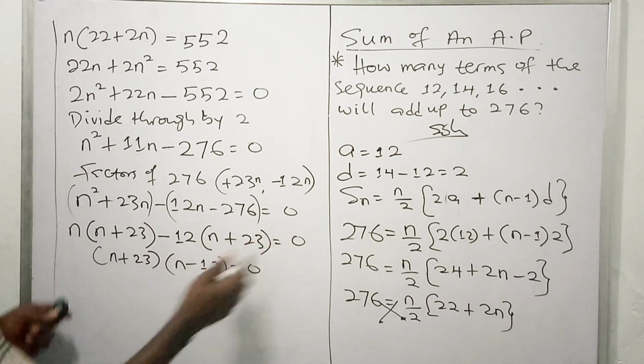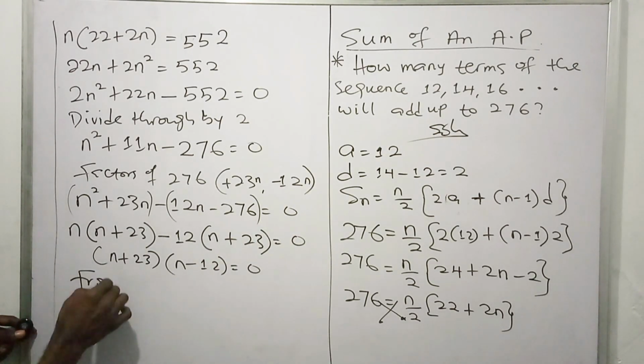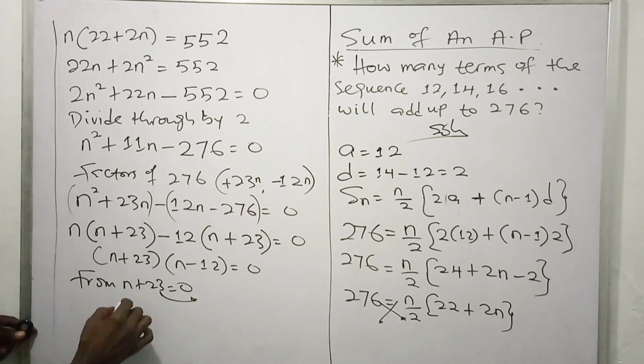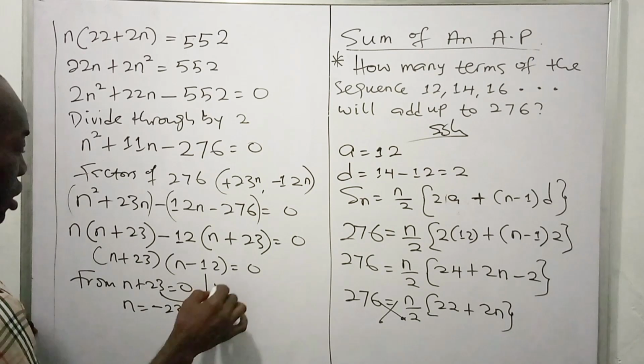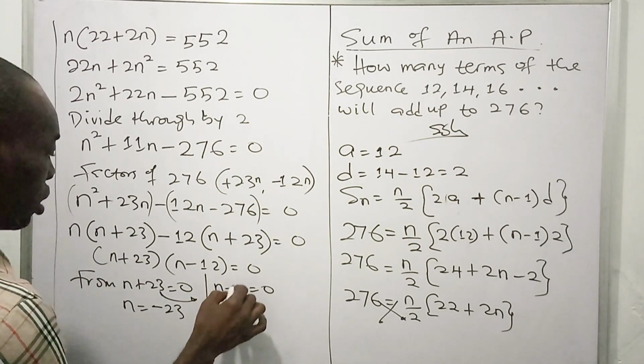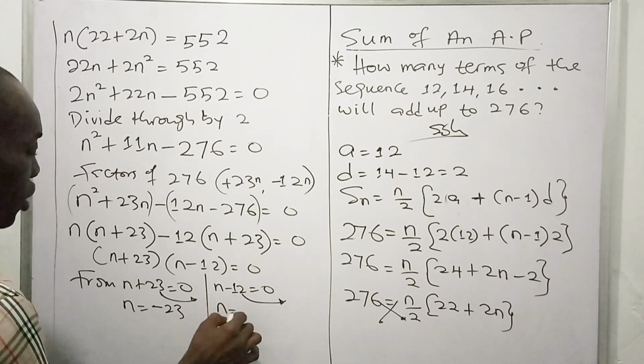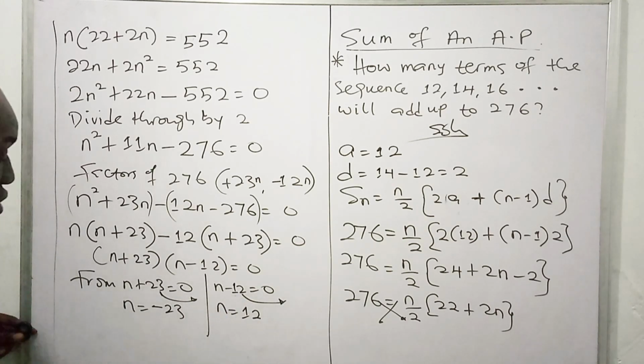Now if you resolve this individually, from the first one, n plus 23 equals 0. If you cross your 23 to this side, the value of your n will be negative 23. Similarly, n minus 12 equals 0. If you cross this to this side, the value of your n will be positive 12.